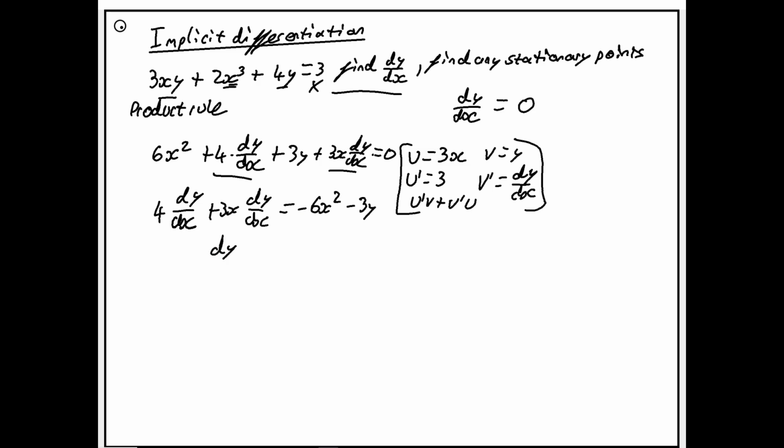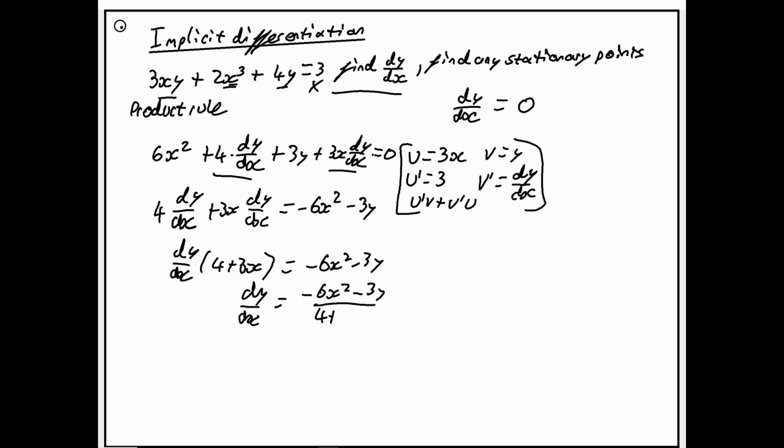Take a factor of dy by dx out of both of the terms, and then divide by that factor. And the question wants us now to find any stationary points. So we make this equal to 0, and all we can do is multiply up this denominator to get rid of it.